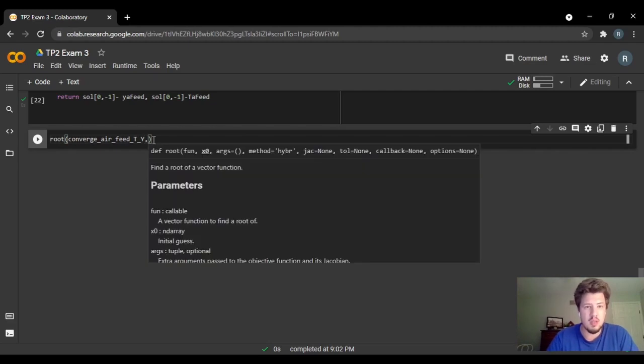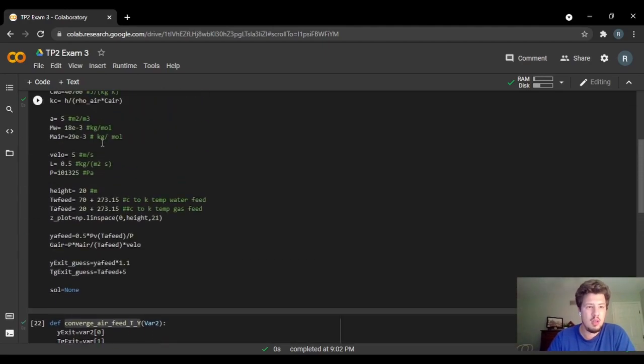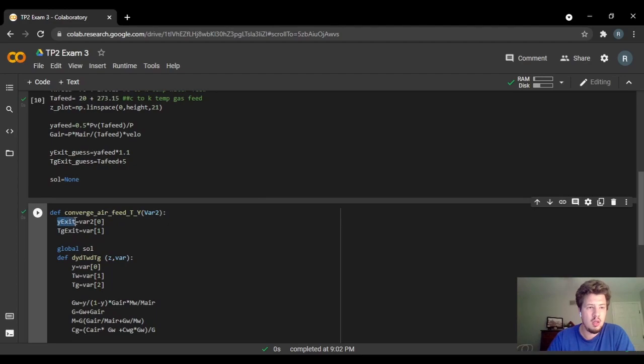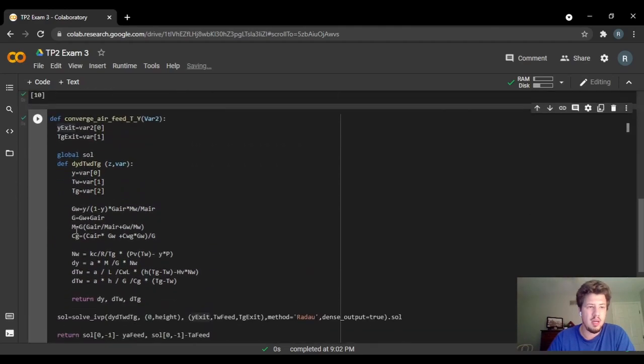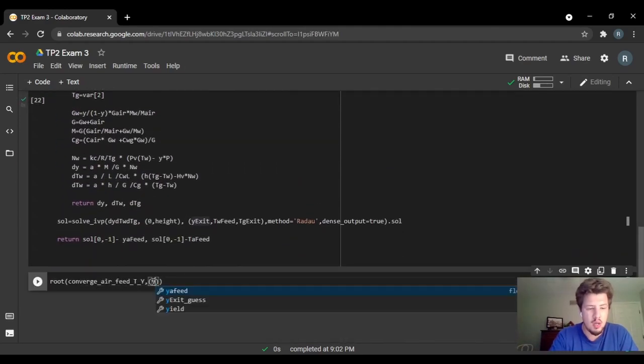And we need to give it our Z naught value, which will be the guesses. Our Y exit guess and our TG Y exit and our TG exit.